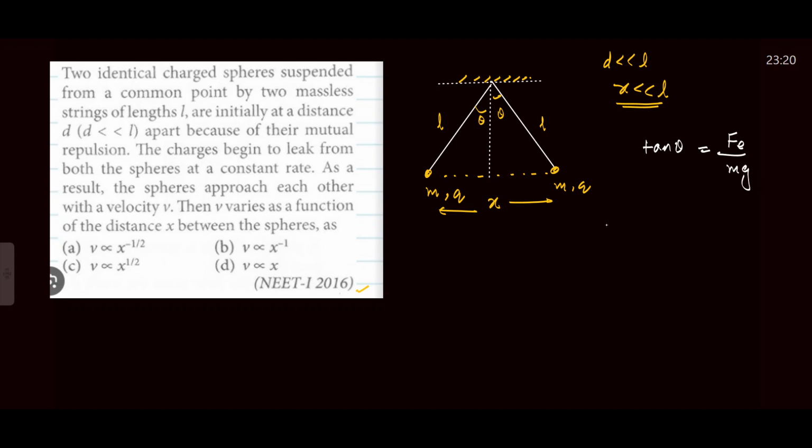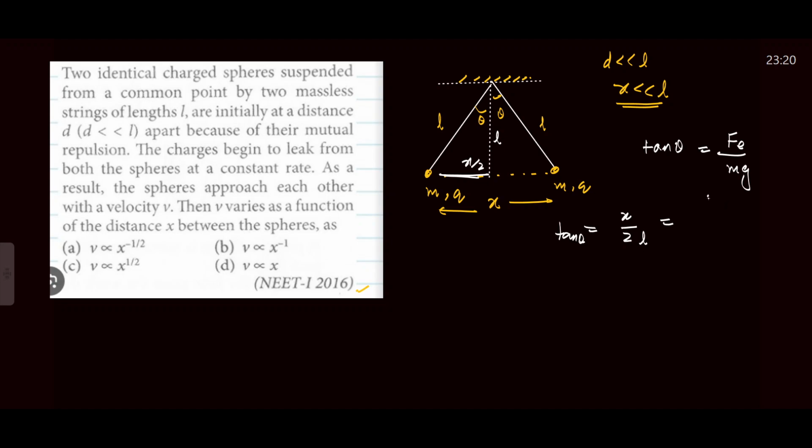So tan theta, from this equation, you can say this is x by 2L, because from here to here the distance is x by 2, and this perpendicular distance is approximately L. So x by 2L is equal to tan theta, and this value is Fe by mg.